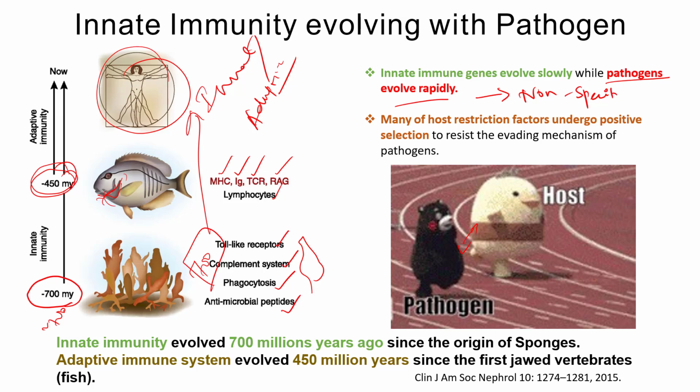It's not like adaptive immunity, where if COVID comes, it will be specific for COVID and then destroy it. No, this innate immunity is non-specific, so it can affect anything which is non-self. Whichever it feels is not self, it will throw out from the body. So many of the host restriction factors undergo positive selection, to resist the evading mechanisms of the pathogens.